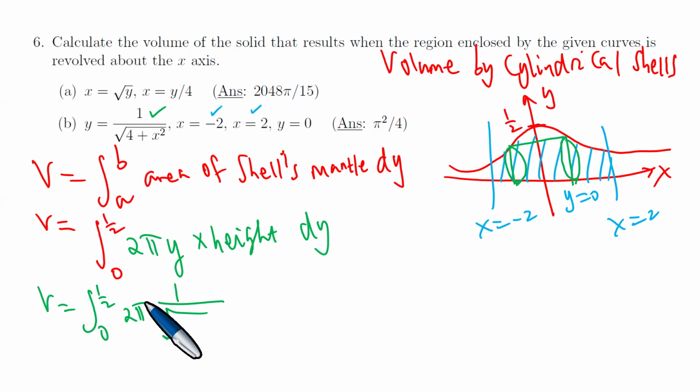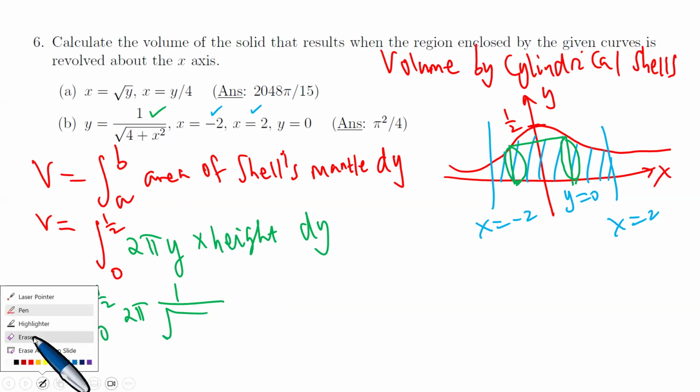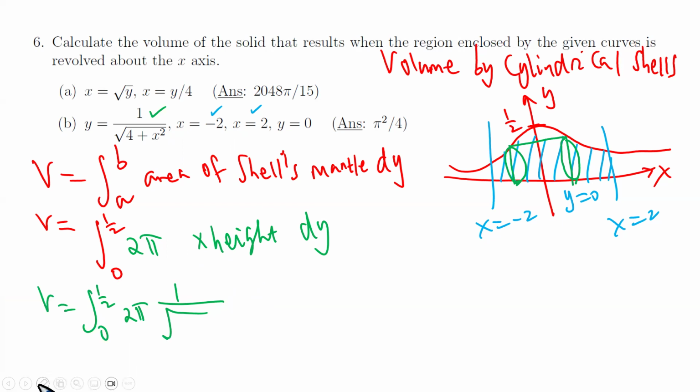You need to put an x here, you need to put an x there, because let us analyze the shell here. There can be some x value here, and there's going to be some x value there. So now this would be, for instance, the height.